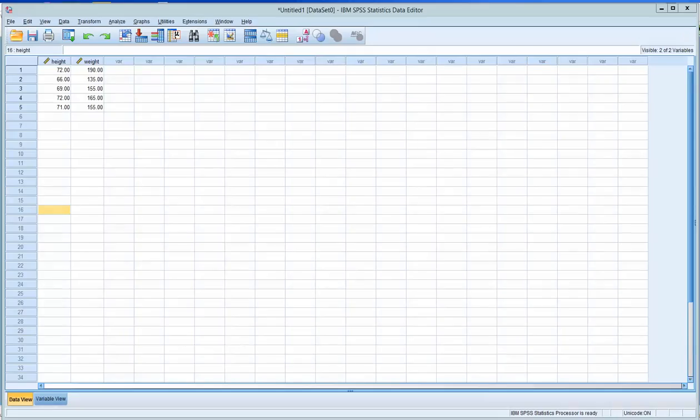Okay, so here we are in SPSS, and as you can see up here, I have entered the data for the height of the men and their weight. The height is in the first column and their weight is in the second column. Now remember, in SPSS, as soon as you enter any variable in the data view, as you can see, we are in the data view down here, every variable you enter is immediately and automatically coded as VAR00001.